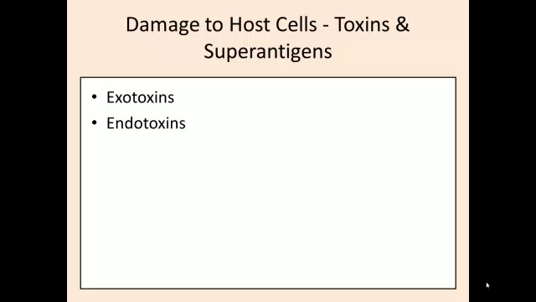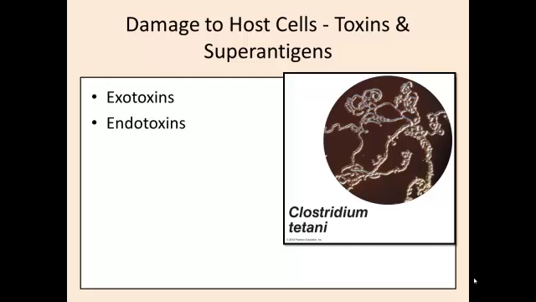Now let's take a look at some specific examples of exotoxins. Okay, now in lab, you're familiar with at least one type of exotoxin, hemolysins. These are exotoxins that break down red blood cells. Let's talk about another one. Clostridium tetani produces the tetanus toxin. That is an exotoxin that is specific for human neurons.